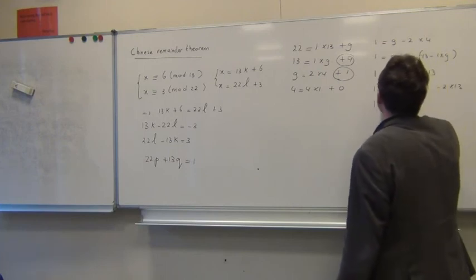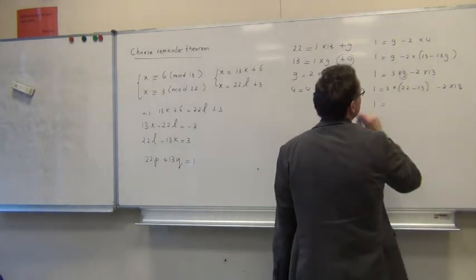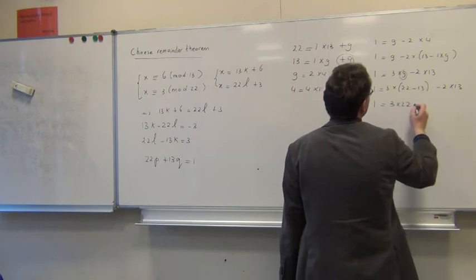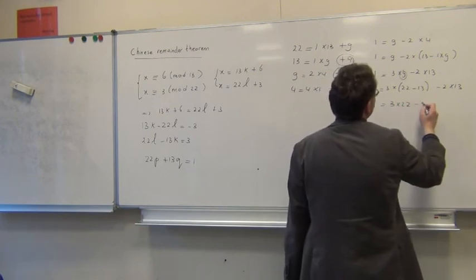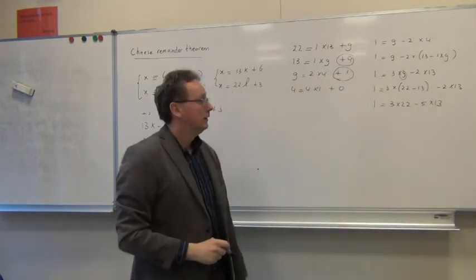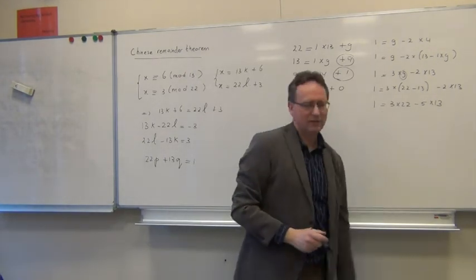So in other words, 1 is 3 times 22 minus 5 times 13. Yes? And we're still on the right track because 66 minus 65 is 1.